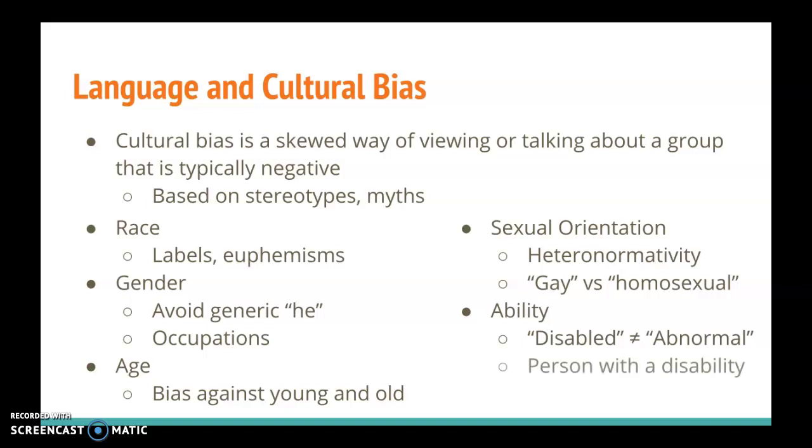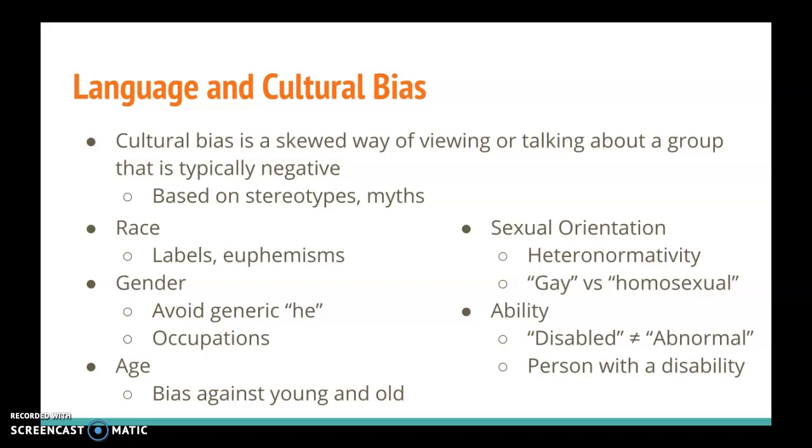In addition, generally speaking, we tend to want to refer to people with disabilities as a person with a disability as opposed to a disabled person. This is all about putting the person first and making sure that we are not putting the disability before the person, right?